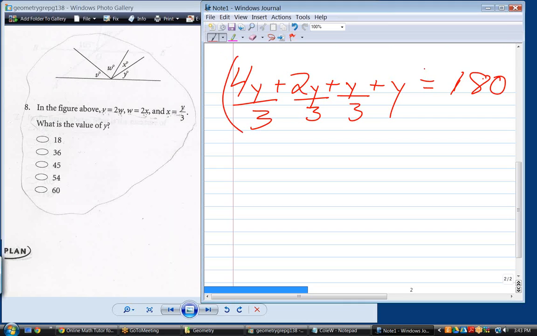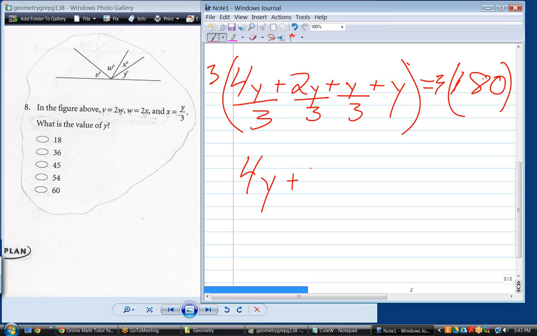In other words, I've got to multiply every term by 3, and I'm going to multiply the right side also by 3. So what's this first term going to be? It's definitely 12y over 3. But I can cancel that 3 with that 3. What I've got left is 4y.